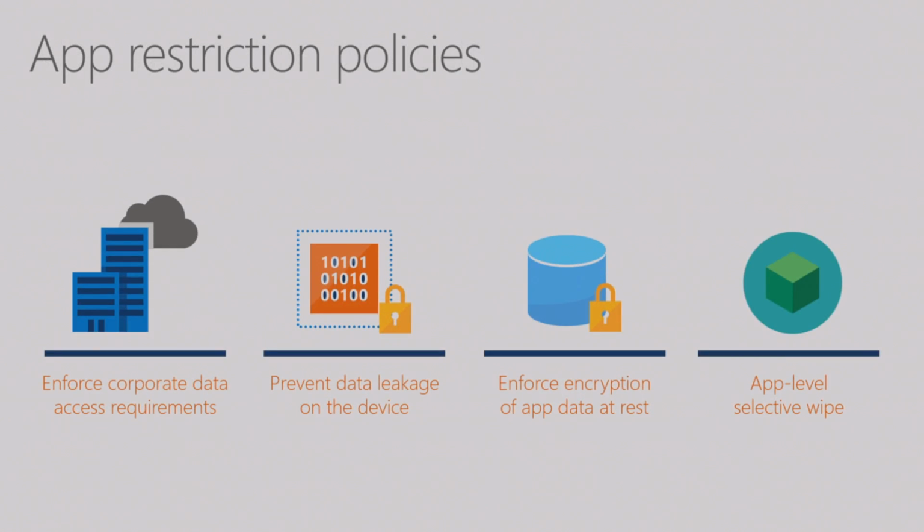And so some of those app restriction policies that we talk about, we showed enforcing corporate data access requirements like PIN, compliance, jailbreak detection, preventing data leakage. We already spoke about copy, cut, paste. You can prevent saving in or saving as to certain locations like Dropbox or some of those other scenarios, for users who may not be ill-intentioned, but they're just used to using certain other tools.